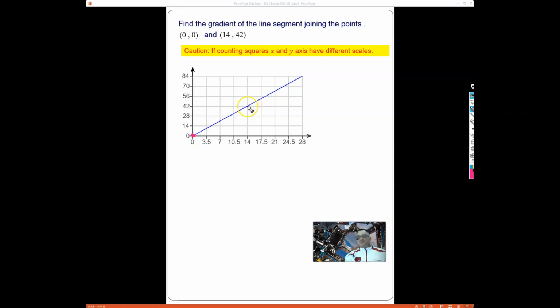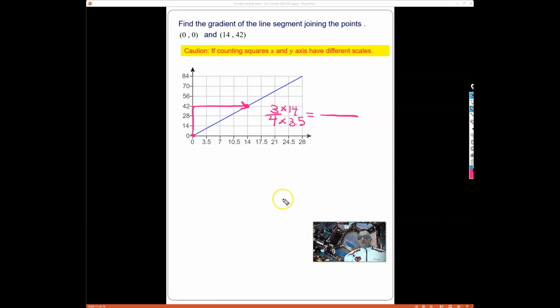So for example, these 2 points are pretty close to being in an intersection. And if I said, well, I've got to go up 1, 2, 3, and over 1, 2, 3, 4, and I said, oh, the slope is 3 over 4, it's not. It's actually 3 up would be 3 times 14, and 4 to the right would be 4 times 3.5.